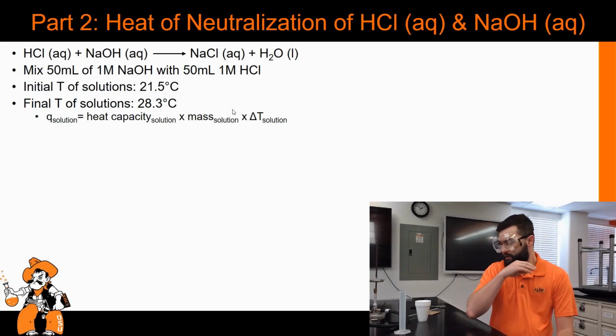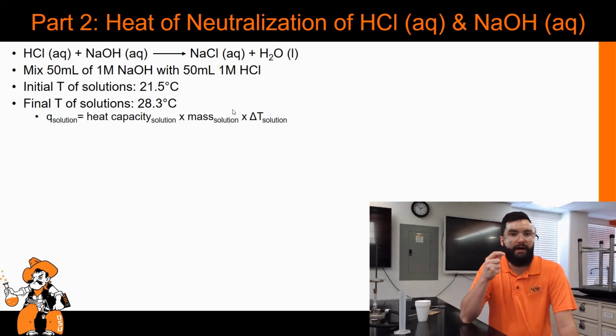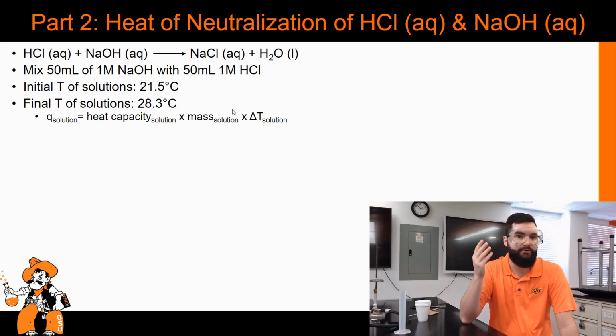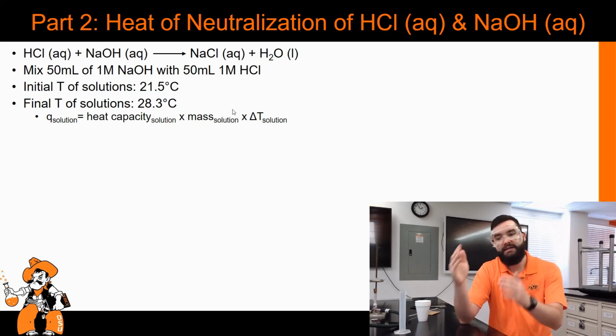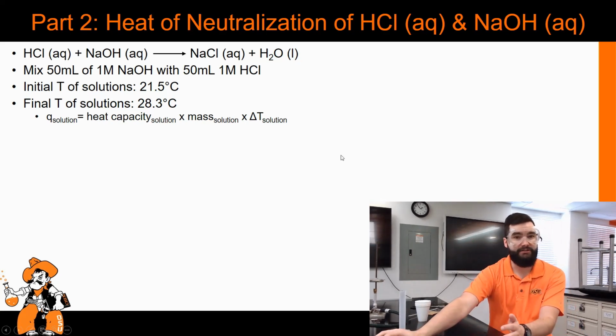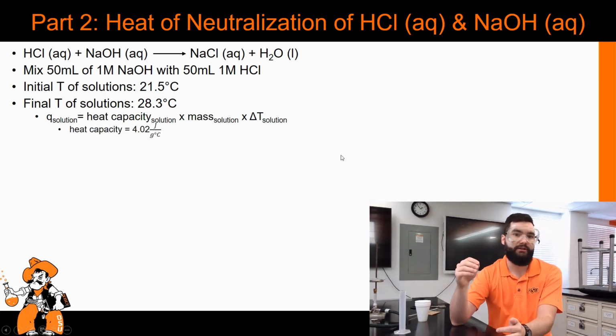So, to do my calculations here, I know that the heat of the solution is equal to the heat capacity of the solution times the mass of the solution times the delta T of the solution. My heat capacity of the solution is a little bit different here. It's not the same as water. It's actually 4.02 joules per gram degrees Celsius.